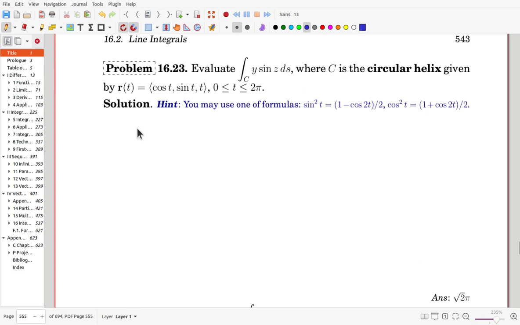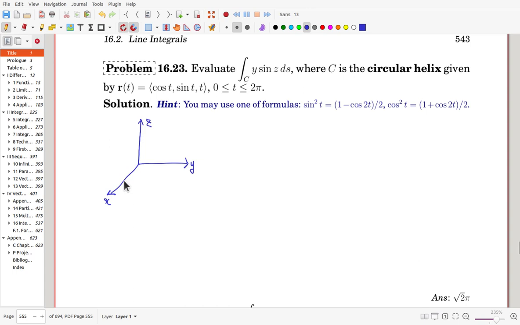Let's try to visualize the helix. These are the xyz coordinates: x, y, and z. If we ignore the third part and assume it's 0, then these two will make a circle on the plane, but t is moving from 0 to 2 pi.